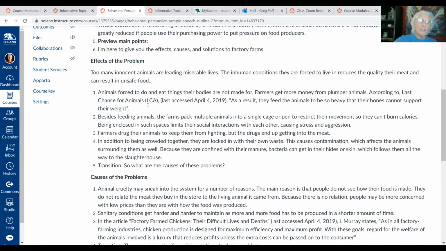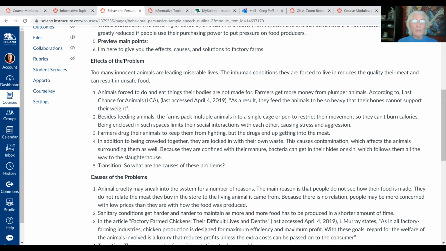You want to make sure that you discuss the effects of the problem. What's the physical evidence that exists right now that tells us something is wrong? So the effects of the problem will be the physical manifestations that a problem exists.